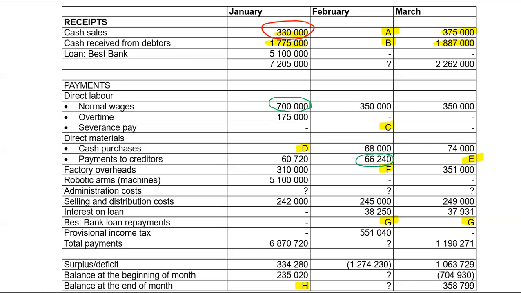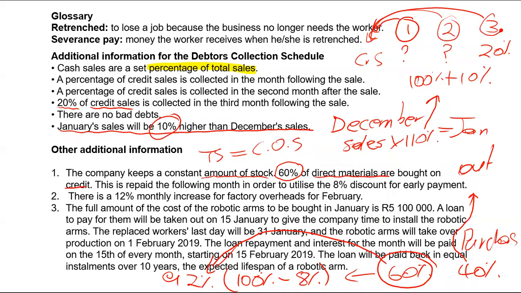Why am I using January total purchases? It is because in my information booklet, they told me that if I buy goods on credit in January, the payment will only be made in February. I will highlight that.